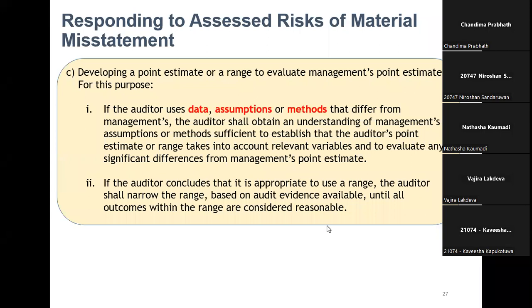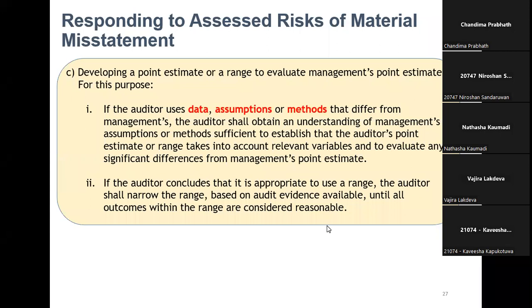So we will take the lower end of the range, let's say 125 million, and then evaluate the misstatement. If the auditor's range is between 90 million and 110 million, the management point estimate falls within that range, then of course we can accept that. So the third approach to responding to the assessed risk of material misstatement is developing a point estimate or a range to evaluate the management point estimate.